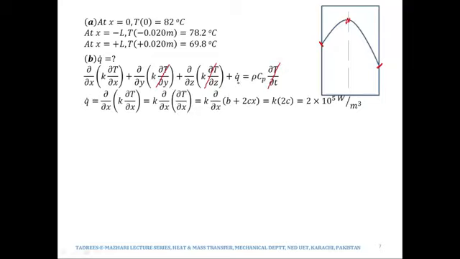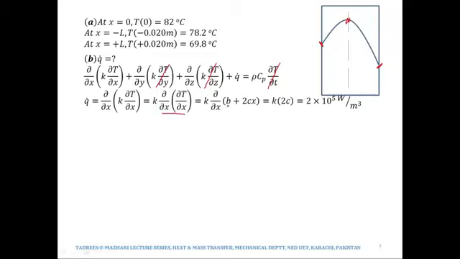So therefore q dot would be dou by dou x of k dou t by dou x, and since we are also told that k is 5, it means that k is constant, so k will be taken out of the differential sign and it would be the second derivative of temperature with x.